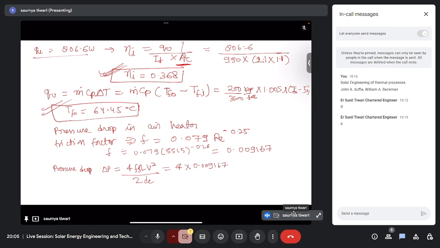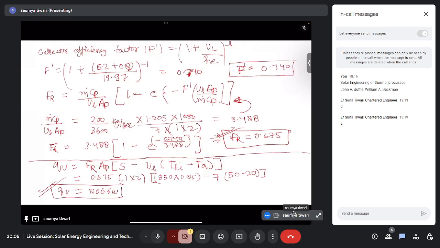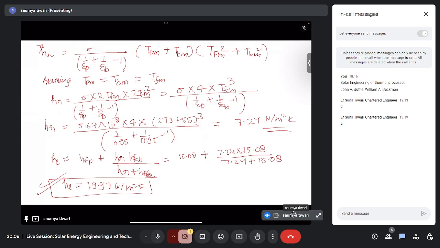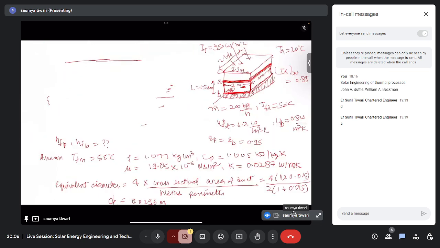Your density was 1.077 for air at 55 degrees Celsius, your length was 2 meter, and the velocity we have calculated.